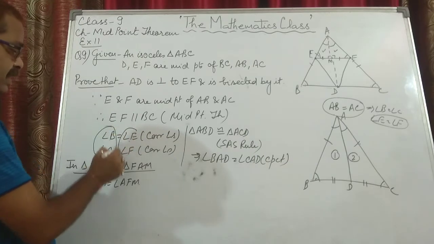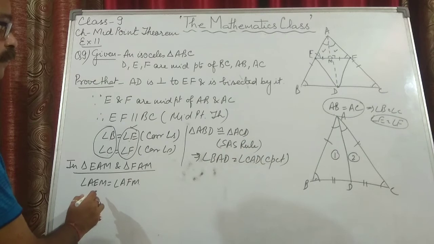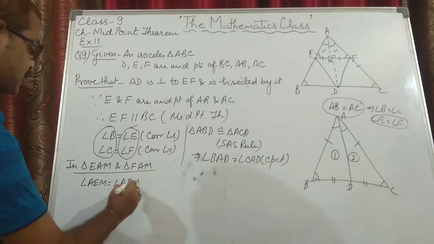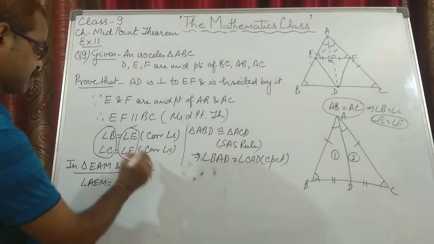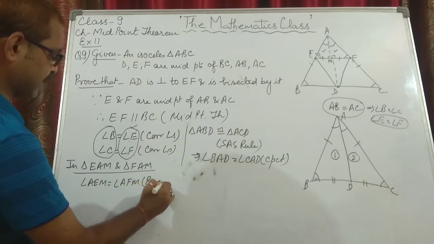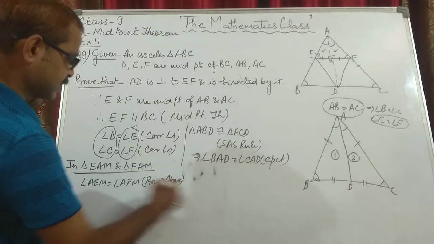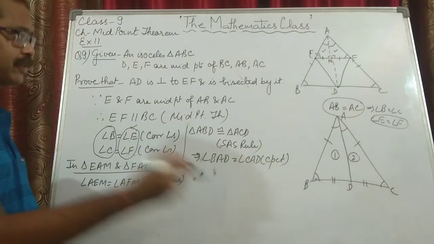So we can say that angle E and F will be equal. So AEM is equal to AFM by this reason. It is already proved above. No need to write so much, but since I am explaining you, I am trying to make everything clear.